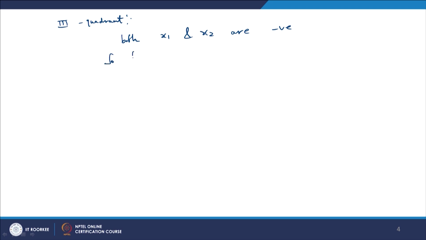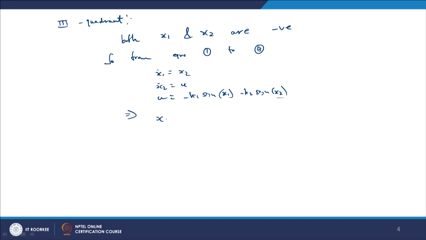So, from equations 1, 2, 3, which is x1 dot equal to x2 and x2 dot equal to u and u equal to minus k1 signum of x1 minus k2 signum of x2, we have the direction, that is x1 dot equal to negative, similarly x2 dot is equal to positive.